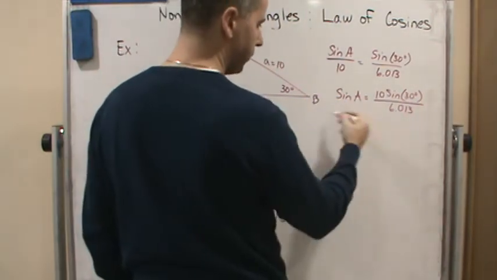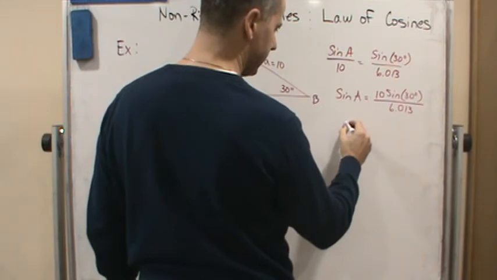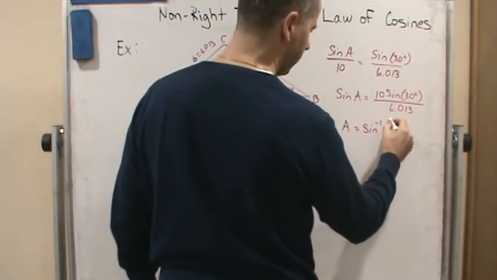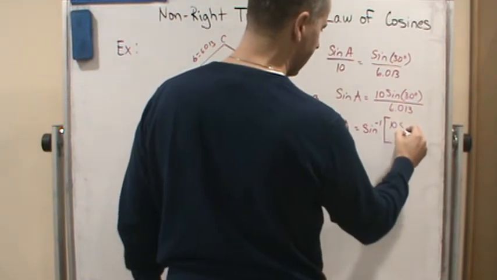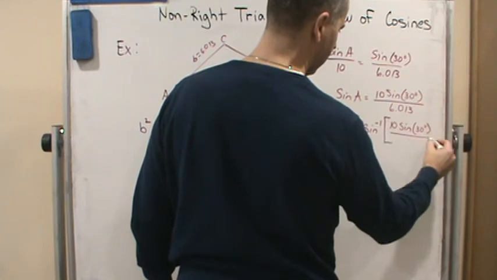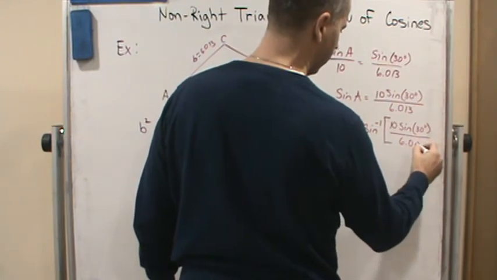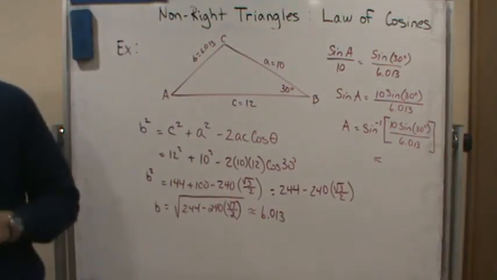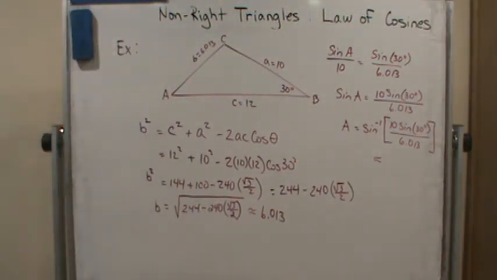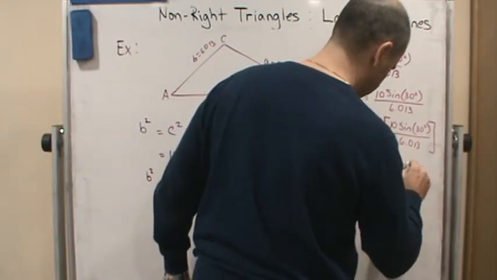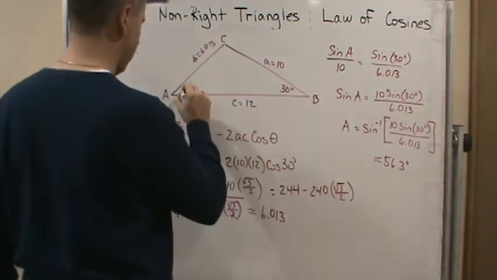Taking the inverse sine of both sides, A is equal to sine inverse of 10 times sine of 30 degrees divided by 6.013. So angle A turns out to be approximately 56.3 degrees.